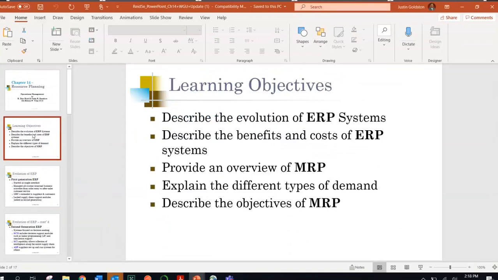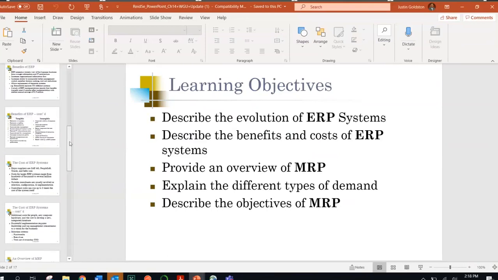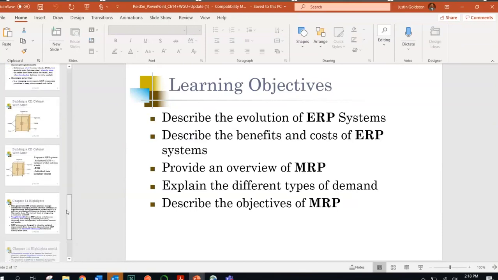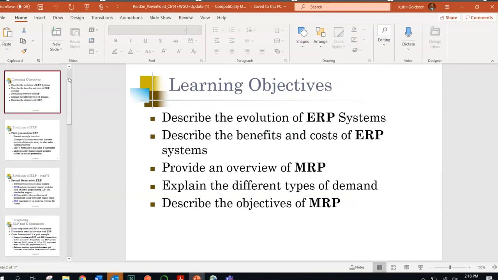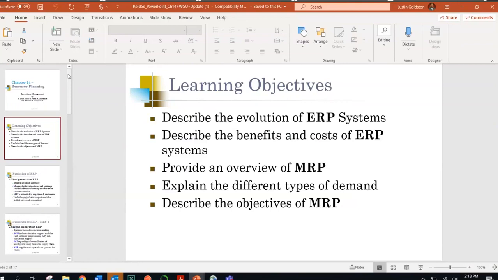From a resource planning perspective, a lot of people struggle with the acronyms, with the different types of systems, and that is the majority of what this chapter is centered around.